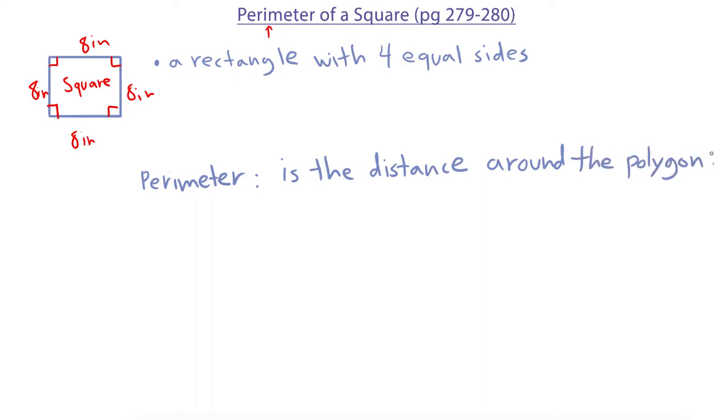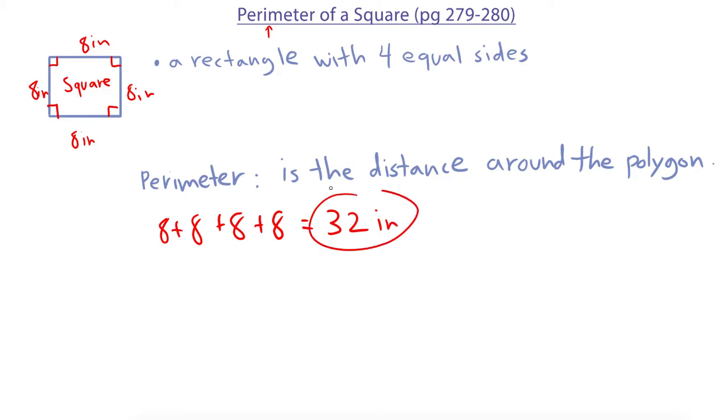So to find the perimeter of a square or any shape, all you have to do is add up the length of all the sides. So in this case, to find the perimeter of this square here will be really easy. All I have to do is just do 8 plus 8 plus 8 plus 8. And if I added all this up, I would get 8 times 4, which is 32. 32 inches. Okay, so that would be my perimeter, 32.